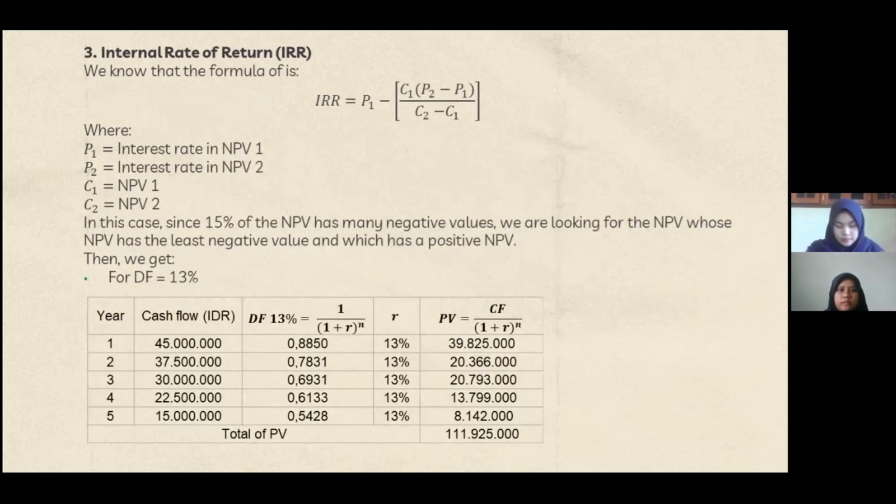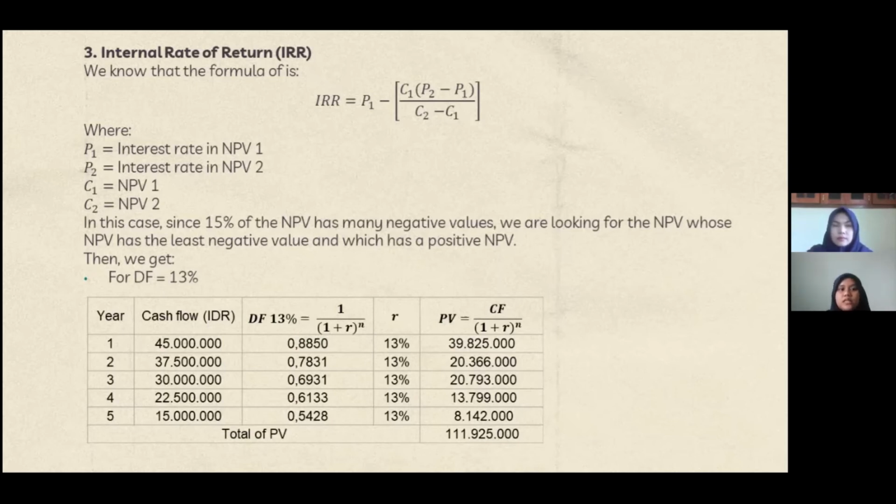So the third method is internal rate of return, or IRR. The formula of IRR is equal to P1 minus C1 times P2 minus P1 over C2 minus C1, where P1 is the interest rate in NPV1, P2 is the interest rate in NPV2, C1 is equal to NPV1, and C2 is NPV2.